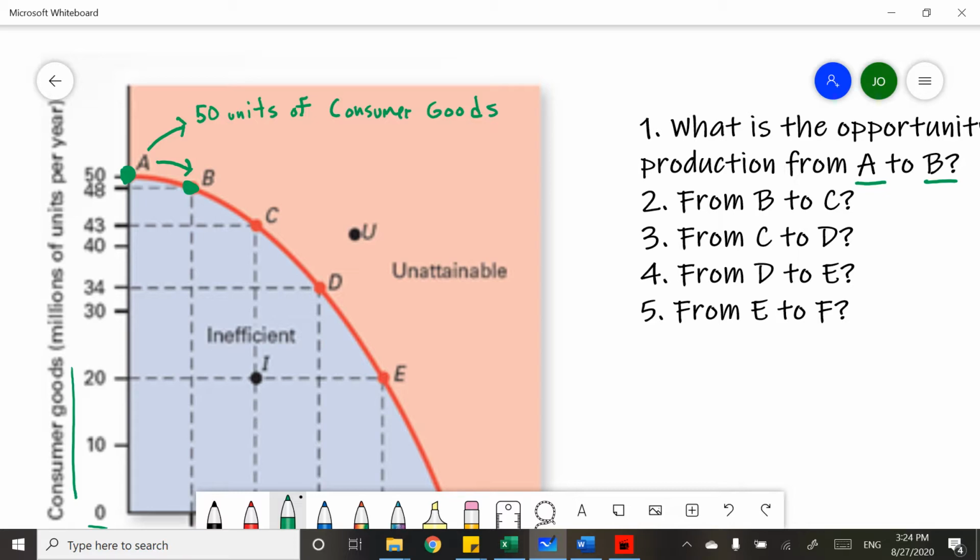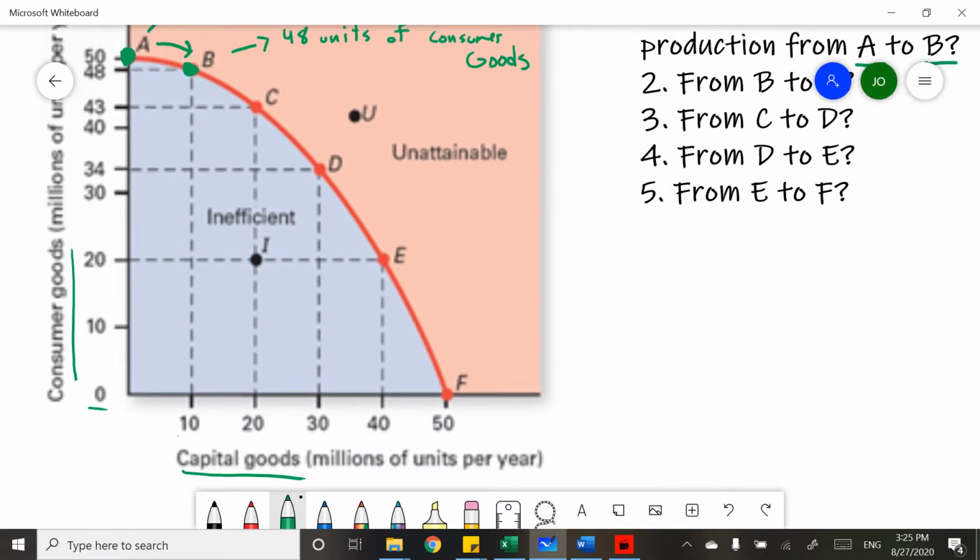So we're making a choice. What are we giving up? So at point B, according to the graph, we are producing 48 units of consumer goods now. And by doing so, we gain 10 units of capital goods. So that is what you gained, but that's not the question that we're asking. We're asking opportunity cost.